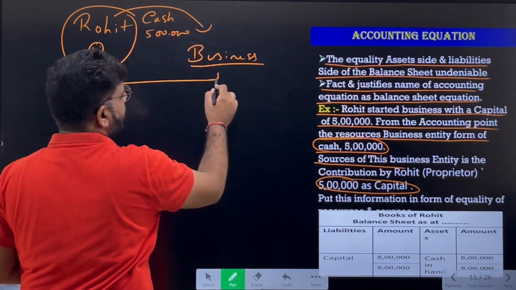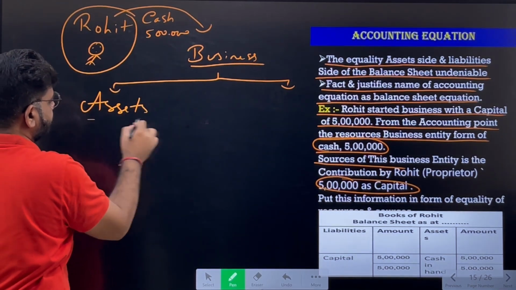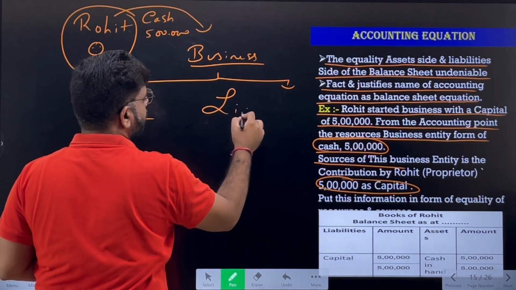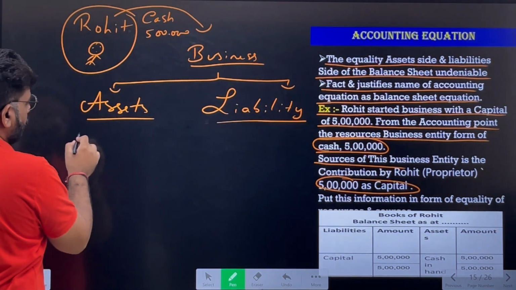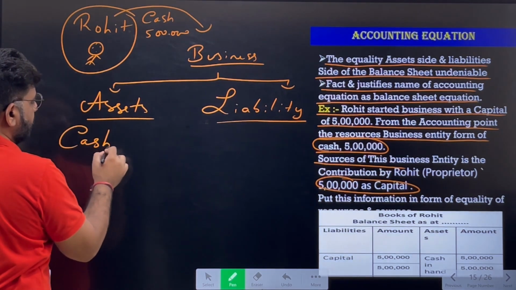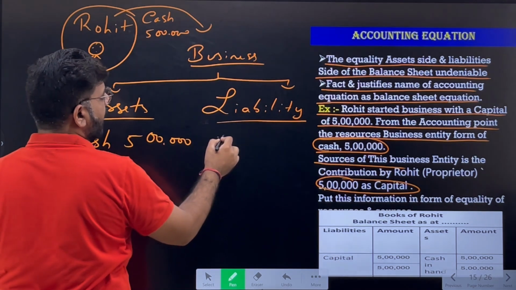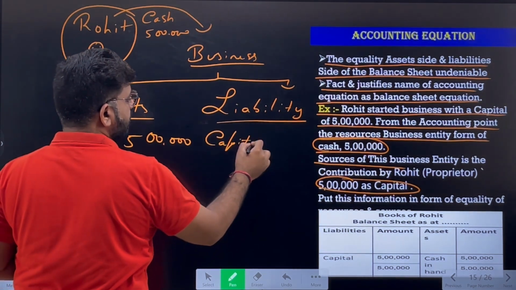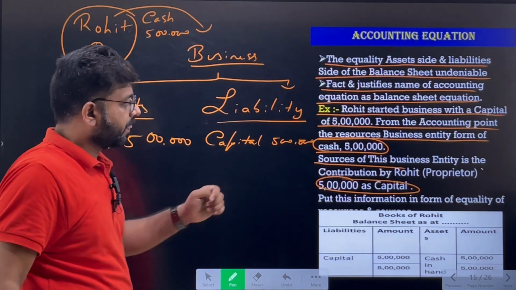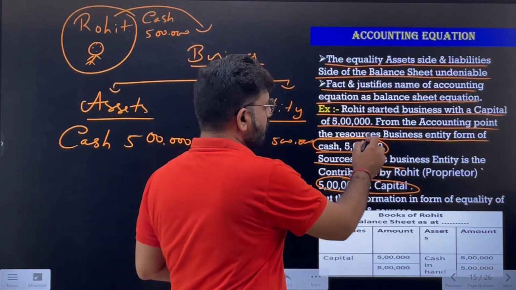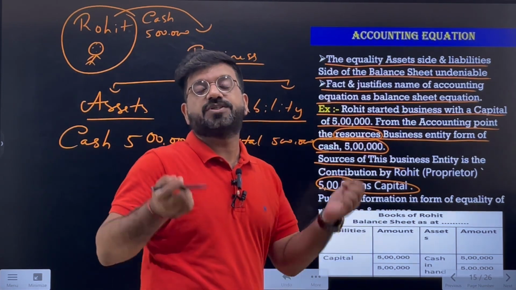Since these two are different persons, the business will have assets and will also have a liability. So in the form of asset, the business will get cash worth rupees 5 lakhs. Apart from that, a liability worth rupees how much? 5 lakhs of capital.